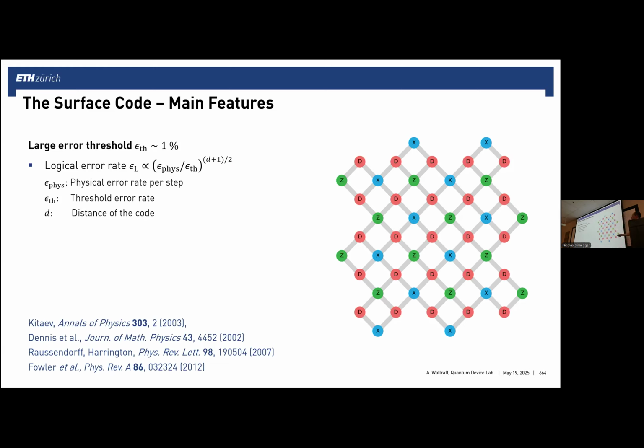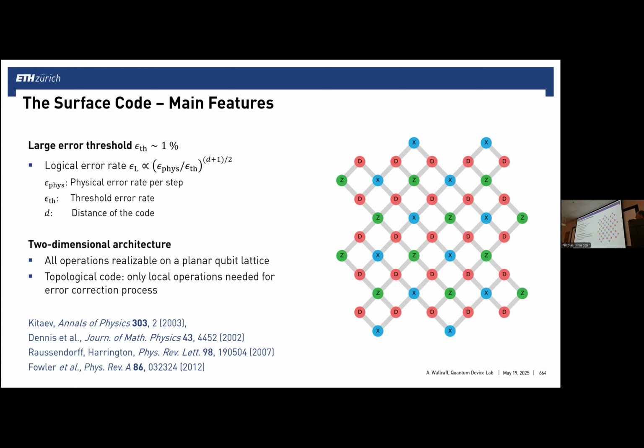It would be if you can make systems with an arbitrary number of qubits with a physical error that is less than this threshold error. And the surface code, this kind of arrangement here, has a threshold error that is around a percentage level, and that's reasonably high for codes.